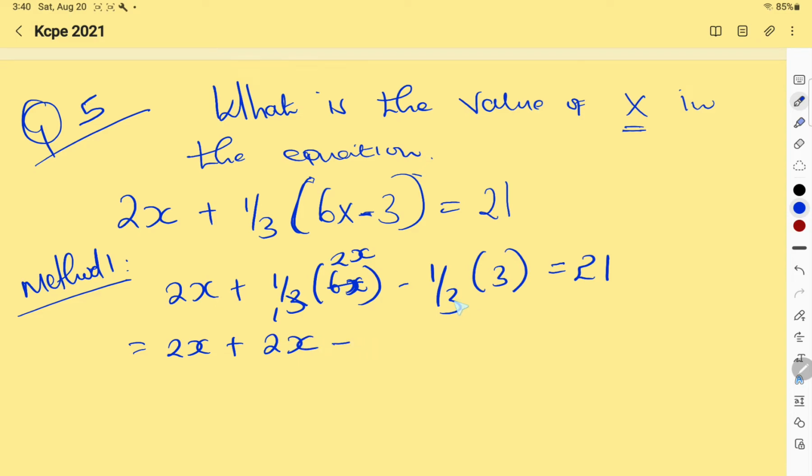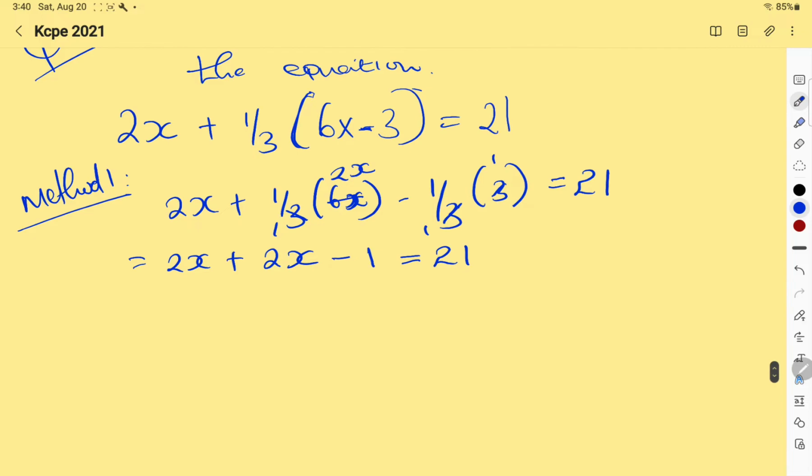Then 2x minus, by 3 1, by 3 1, 1 times 1 is 1, so minus 1 is equal to 21. Now we are done with the fractions. We don't have any more fractions, and we don't have any brackets as well.